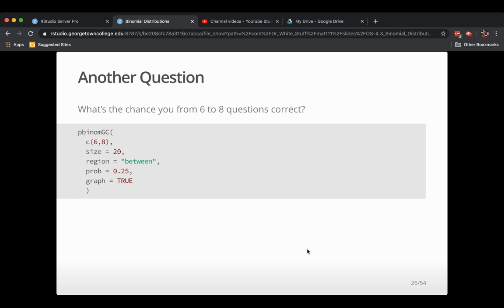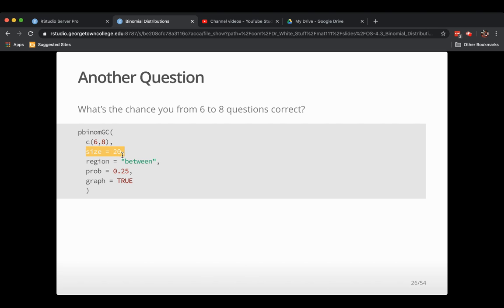Here's another question. What's the chance that you get from 6 to 8 questions correct? So 6, 7, or 8. With pbinomGC, similar to how you would use pnormGC, you need to stick your two boundary numbers together with the C function as your first input.